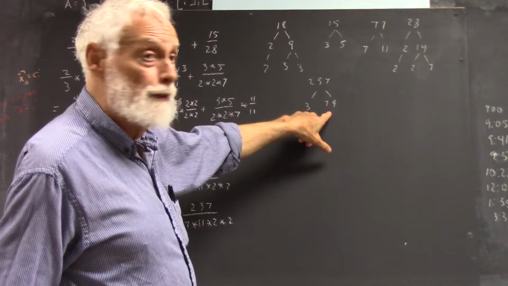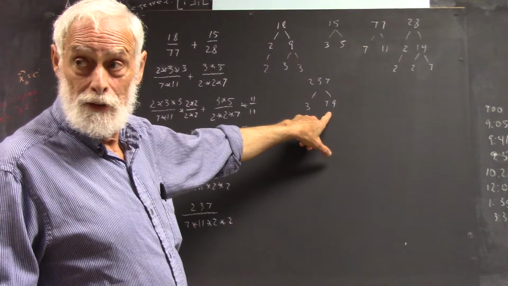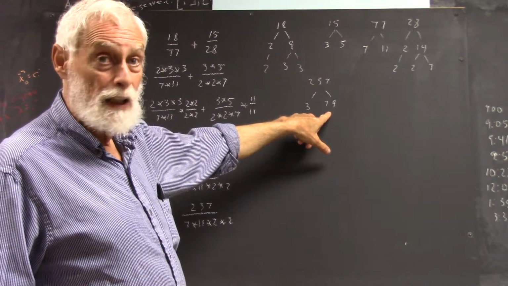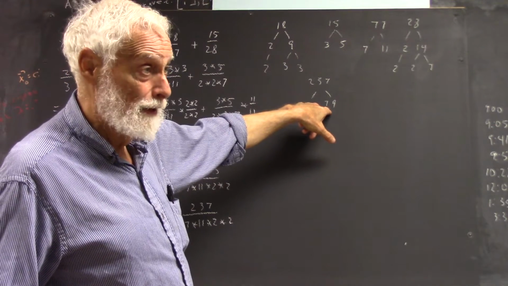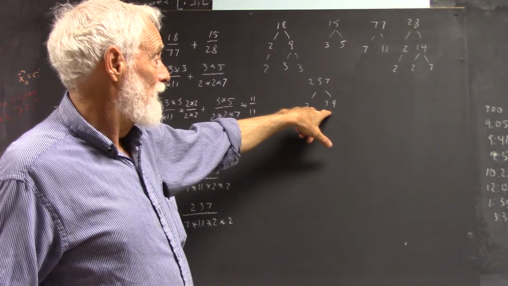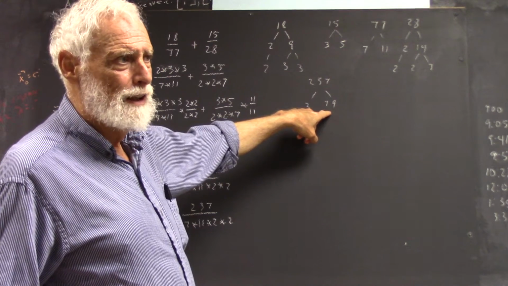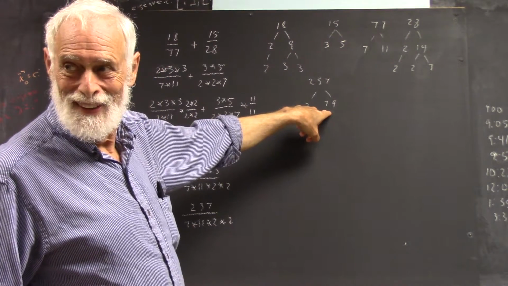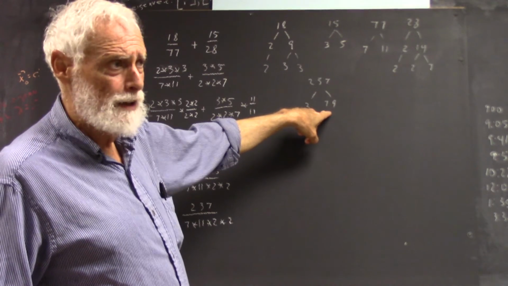Okay, well, anyhow, 79. Well, 79 isn't divisible by 2, is it? Is it divisible by 3? Nah. 5? Nah. 7? Well, it goes into 77, but not 79, right? 11? Well, if 11 goes into 79, it goes into it less than 7 times, which means that one of the numbers you divided by would have already divided it, so you can stop.